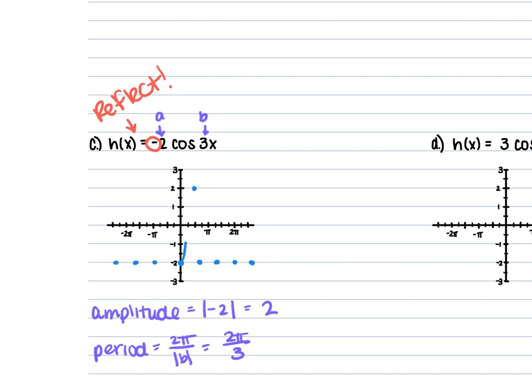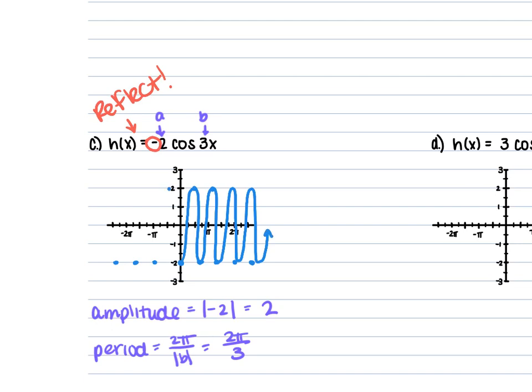So you're just going to go up to positive 2, then back down to the negative 2. And you're just going to do this for your entire coordinate plane. And then do the same thing going the opposite direction.